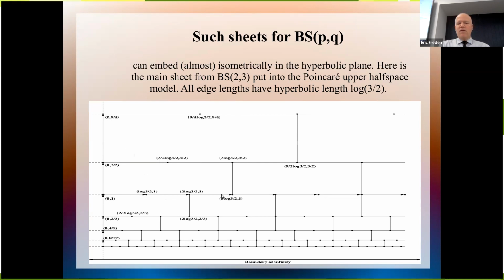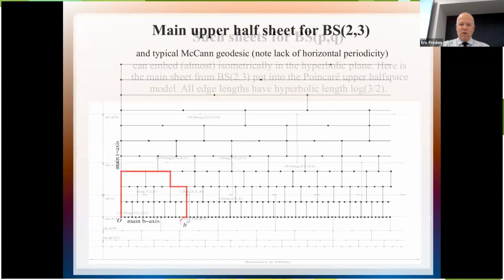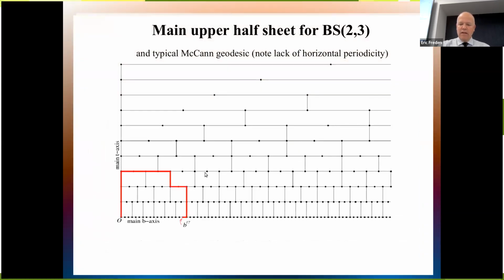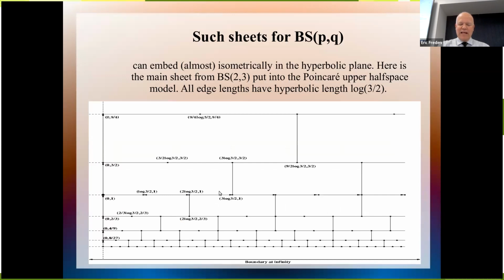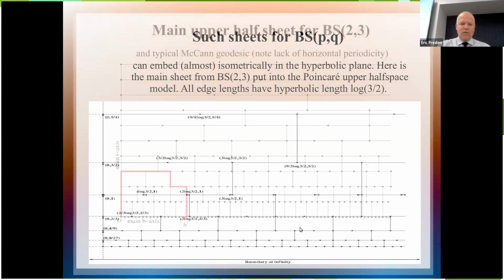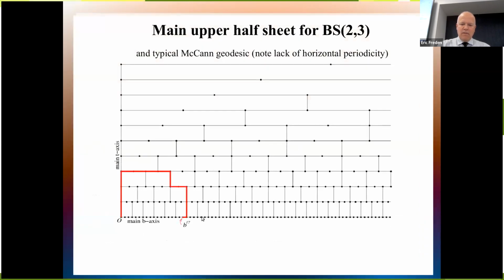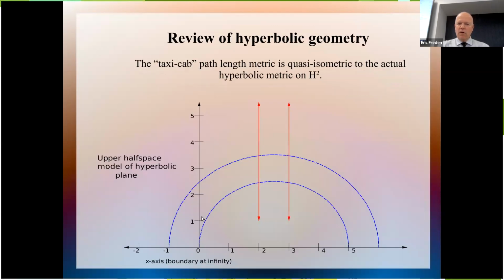All right, so this sheet has got the same pattern as the pattern I had over here before. It's exactly the combinatorial pattern, but now the edge lengths, instead of being 1, are log 3 over 2. And if you do that, then you get this nice geometric embedding into the upper half space model of hyperbolic space. And now it's clear why these geodesic paths go up, over, and down. So that's the way hyperbolic geometry works.